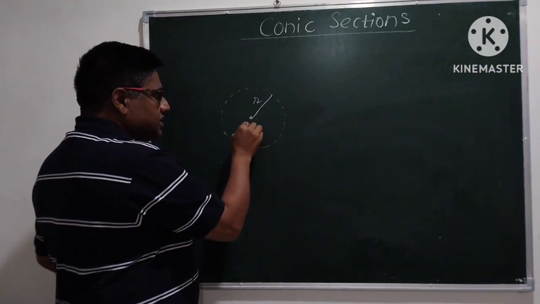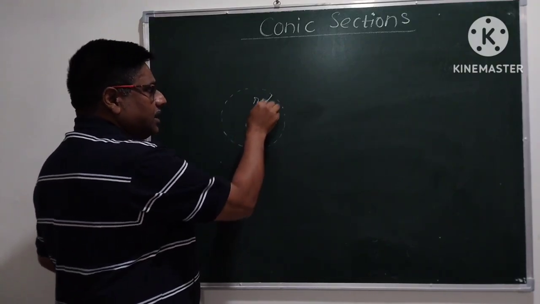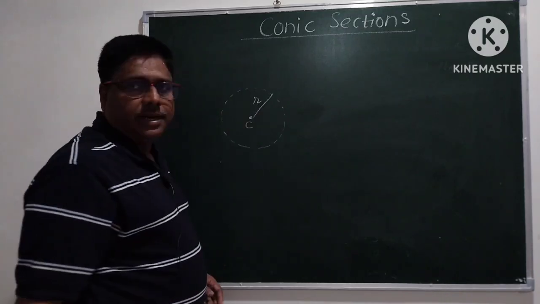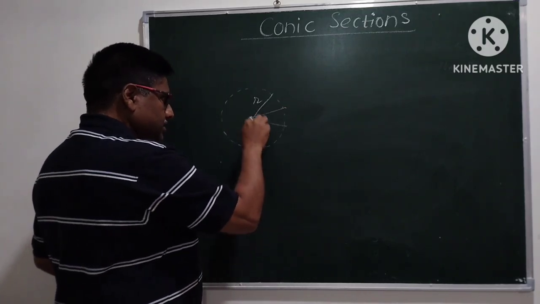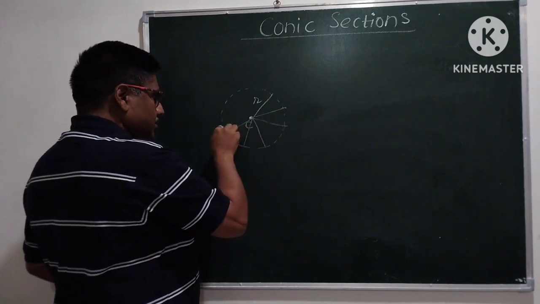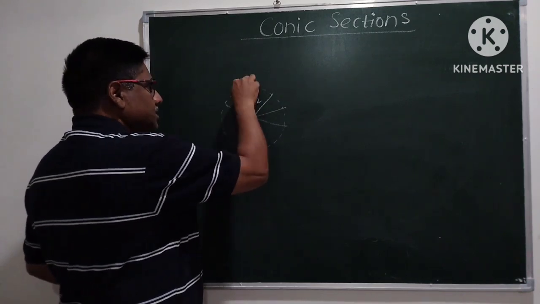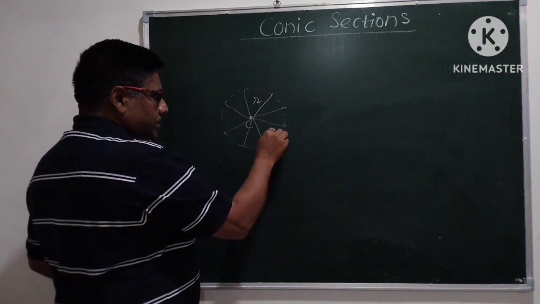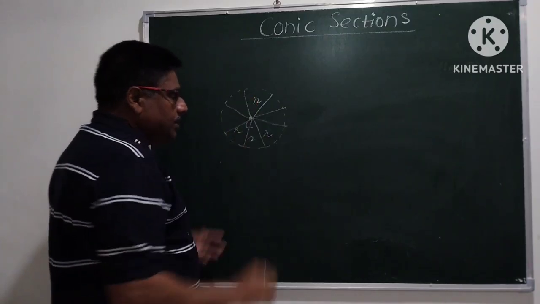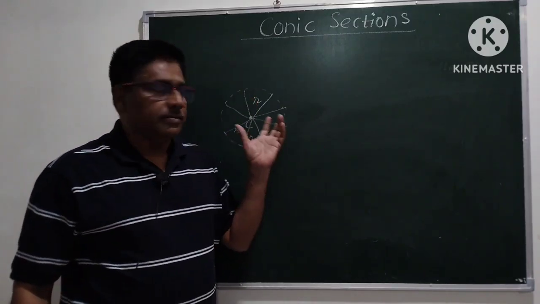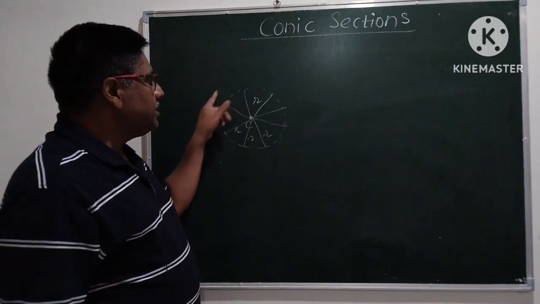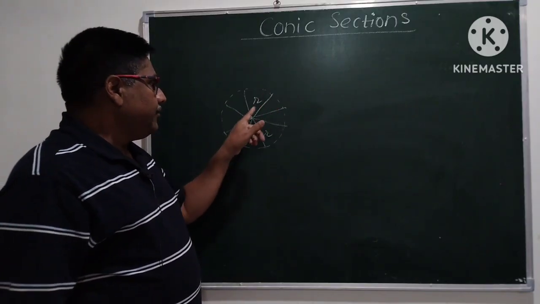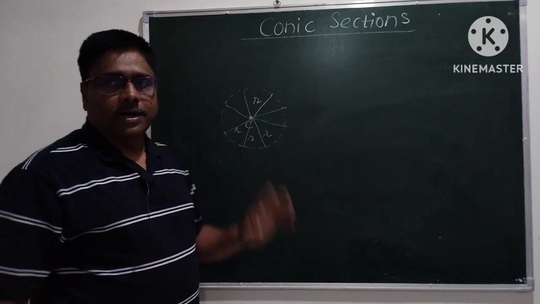This fixed point is the center of the circle, and the fixed distance is the radius. Wherever you go on this path, or curve, or locus, we will have a fixed distance. This is the constraint behind getting this circle. What is a circle? It is a locus of infinite points at a fixed distance from a fixed point.